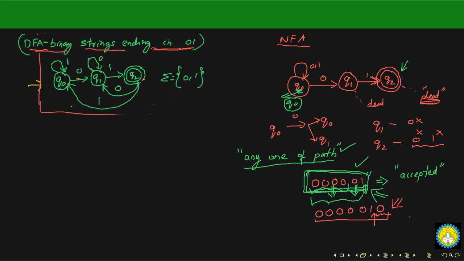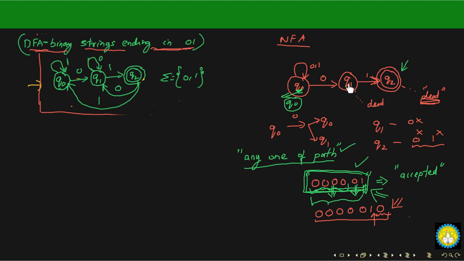I can show one more path. Suppose for the first two zeros, I decide to be at Q0 itself, and for the next zero, I go to Q1.